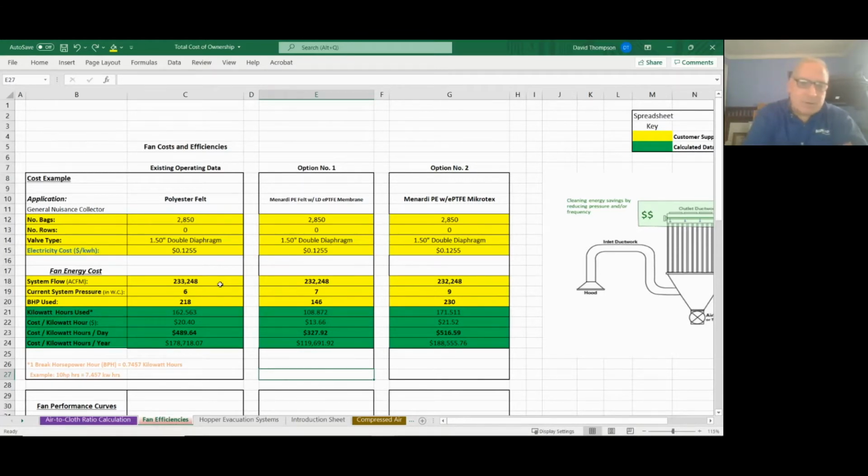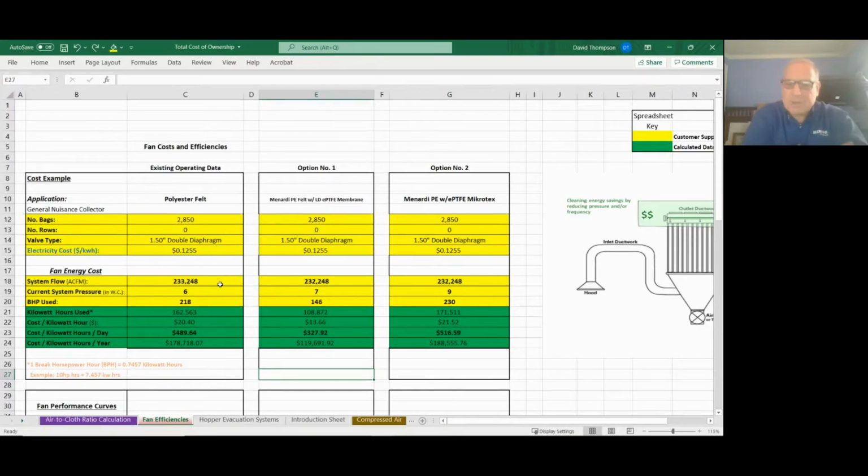And our option two, our low drag material, because it has a membrane on it, and that membrane is very unique in that it has a higher differential pressure to begin with. However, it flattens out and stays flat for a long time. It allows for longer time intervals between pulsing, therefore making the bags last longer. And then the last scenario is our old type of PTFE membrane.